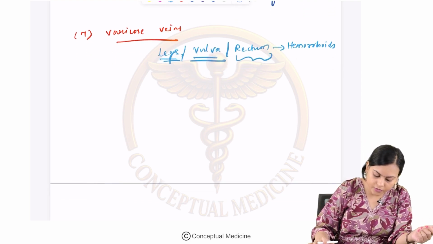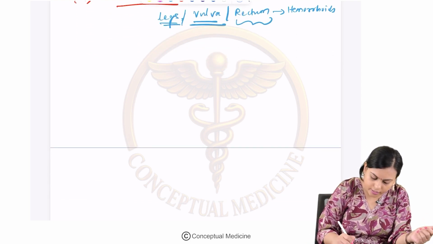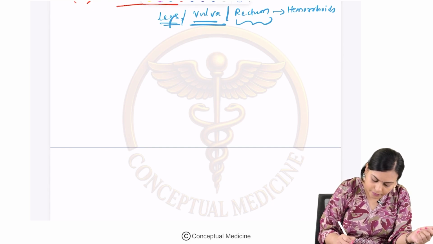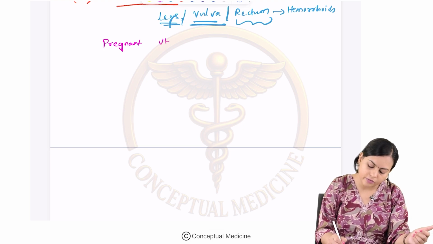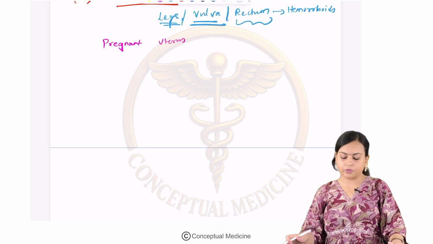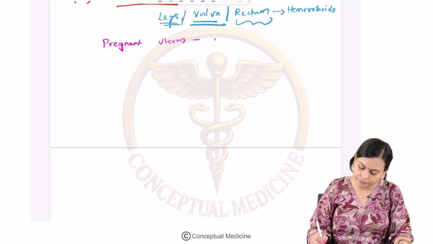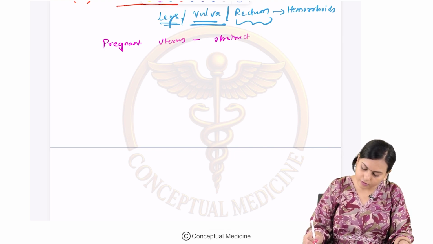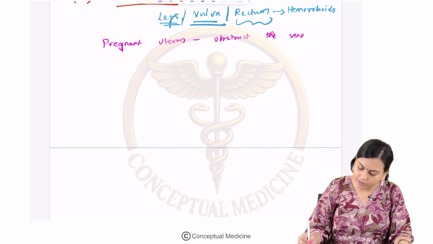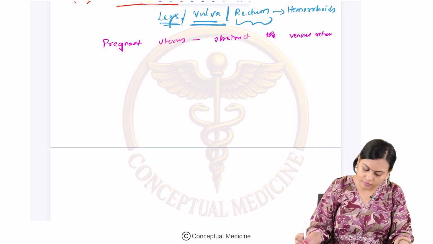Okay, so again if we see what the causes are, usually it is due to the pregnant uterus. The gravid uterus is going to obstruct the venous return, right?